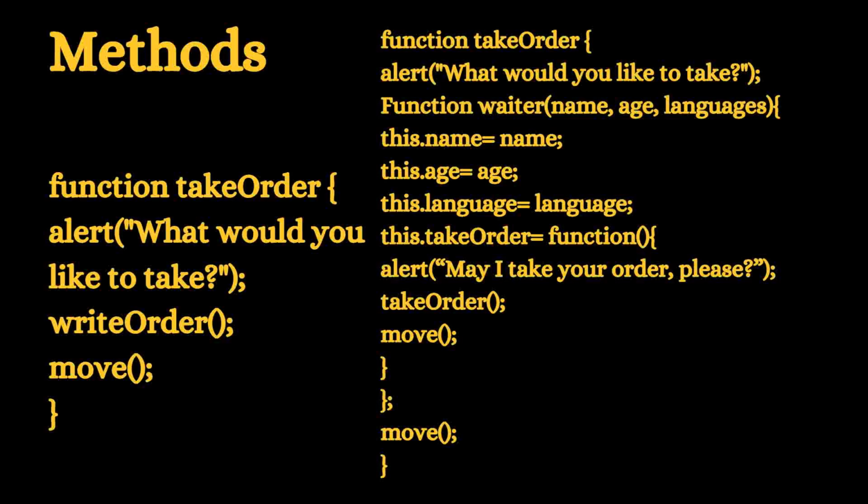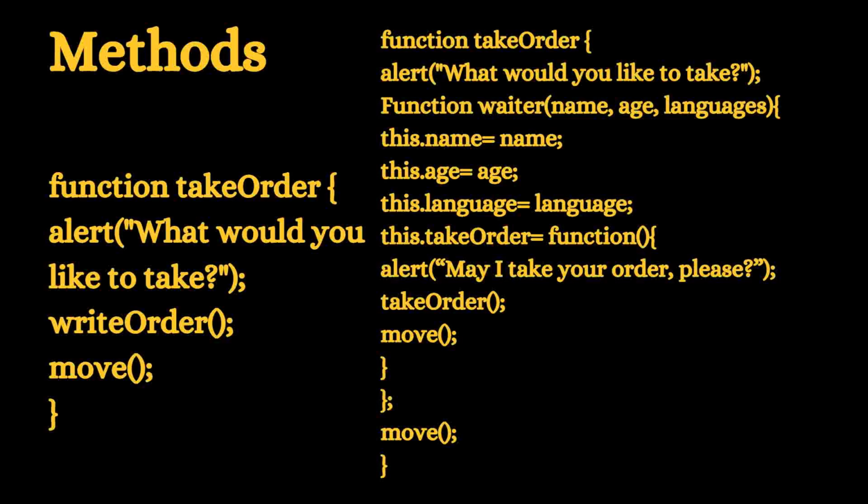If we have customers waiting, we can simply call the method and say waiter1.takeOrder(), as we have been doing, and perform that method. Remember, when we are using properties or calling a method, we are always using dot notation. The only difference between a method and a property is those parentheses, so keep an eye out for those.